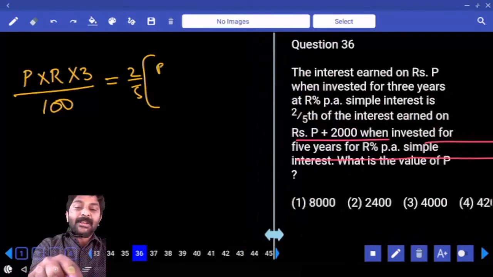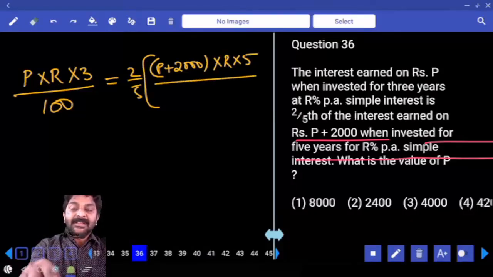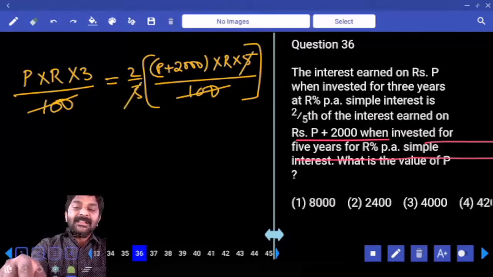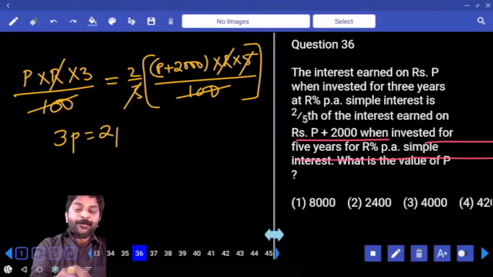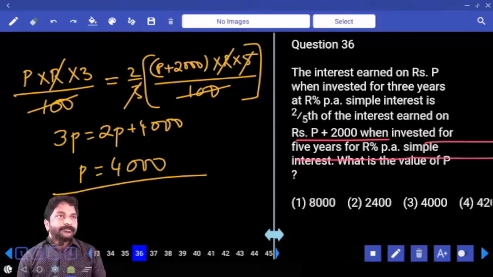So now principal P plus 2000, rate of interest R, 5 years, PNR by 100. 100 cancels, 5 cancels, R cancels. 3P is equal to 2P plus 4000. P is equal to 4000.